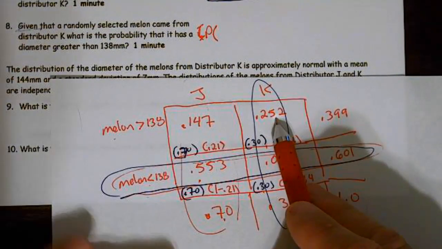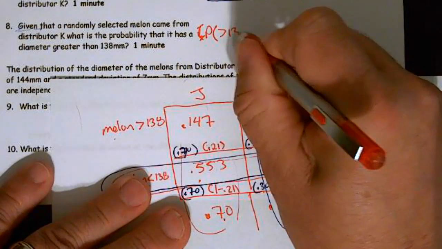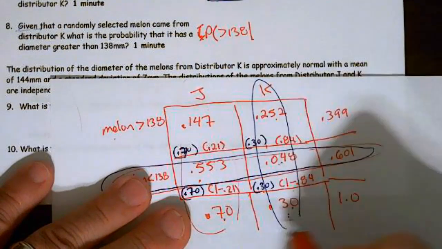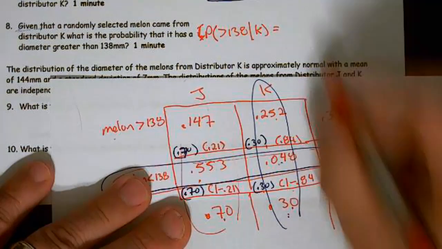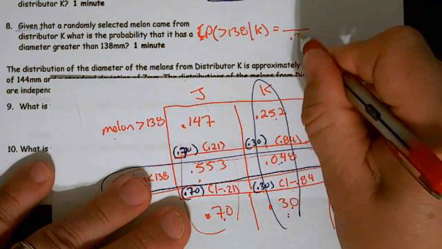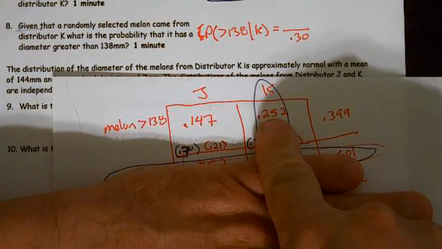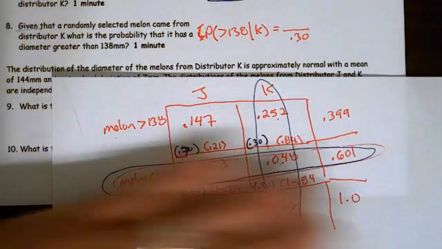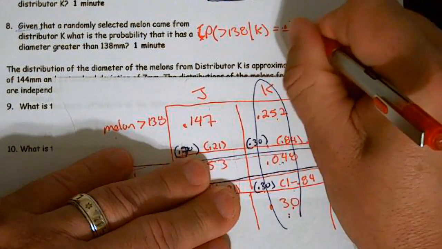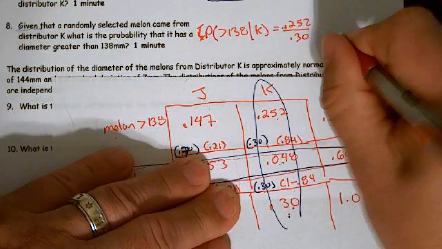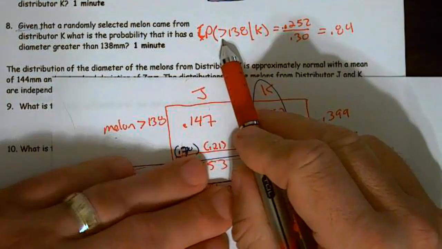So the probability of greater than 138 given K equals, well, the given was K, so that's 0.30. And now we're looking for this intersection because we need to be greater than 138. So 0.252 over 0.30, and that equals 0.84. Probability of greater than 138 given K.